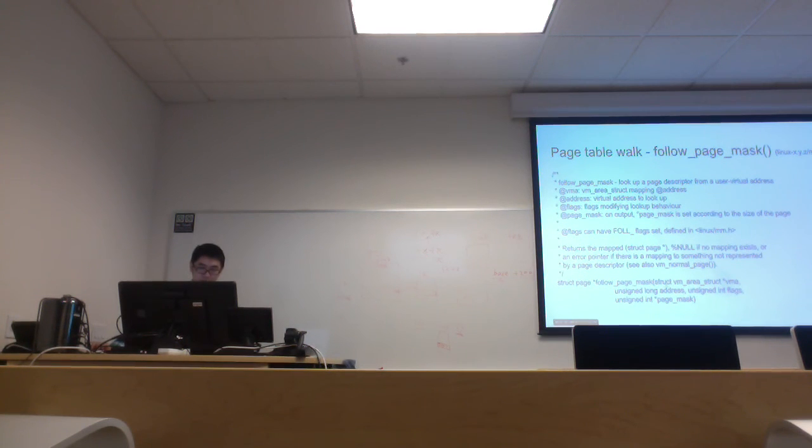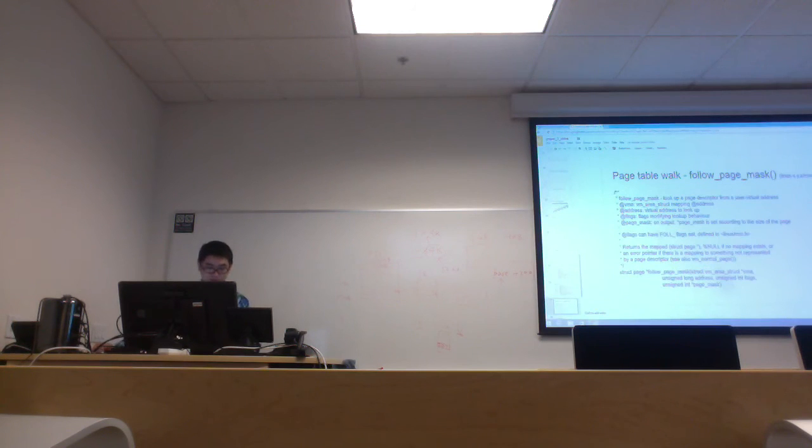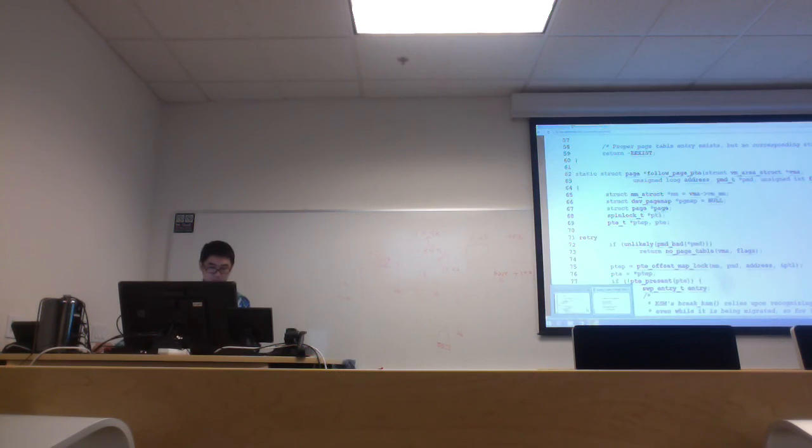And the VMA is the virtual memory area that contains this address. Note that here we didn't use struct mm, but use struct vma. And these flags and masks control the behavior of how to follow a page. Let's have a look at how this page following happens.